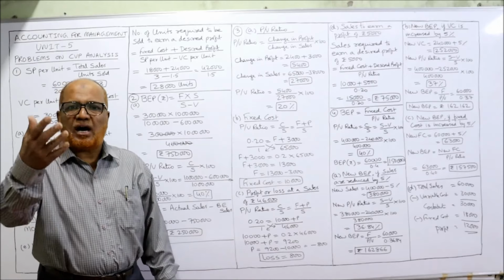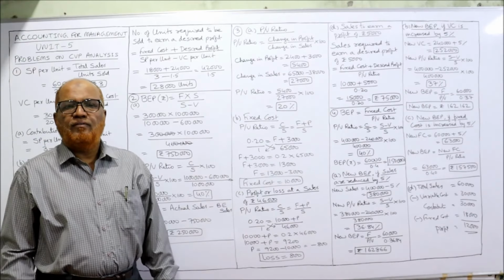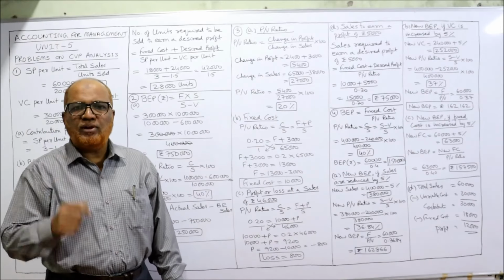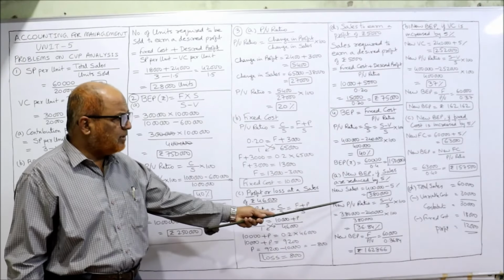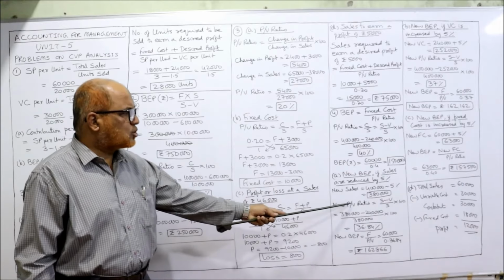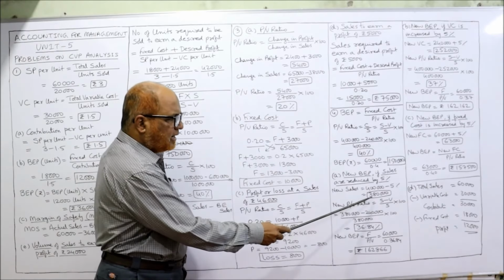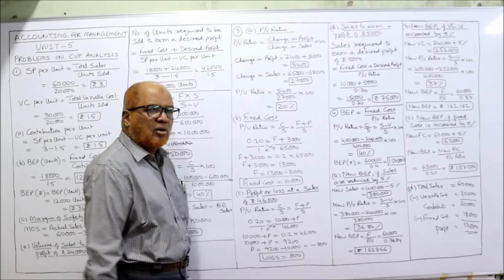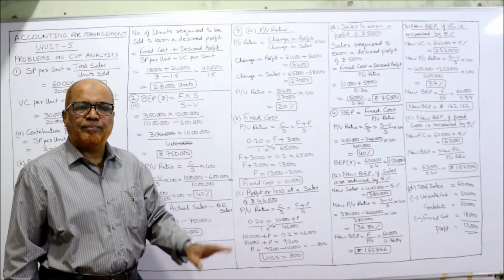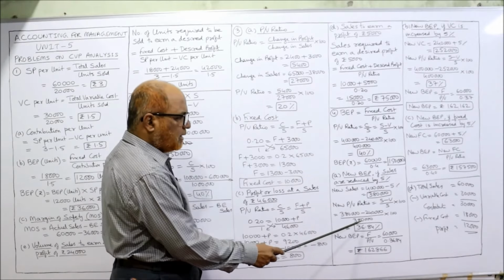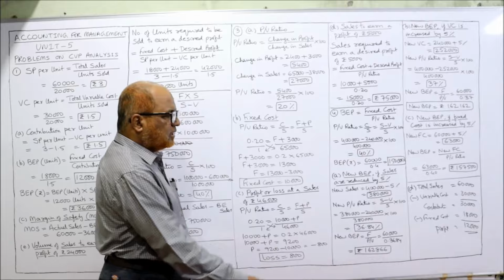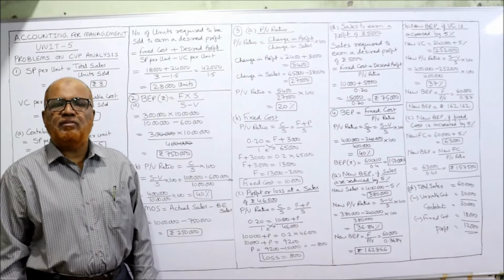Now new sales are 3,80,000. When sales change, the PV ratio will also change. What is the PV ratio? New PV ratio is S minus V by S into 100. New sales 3,80,000 minus variable cost, same as old, 2,40,000, divided by 3,80,000 into 100. 36.84 is the PV ratio.